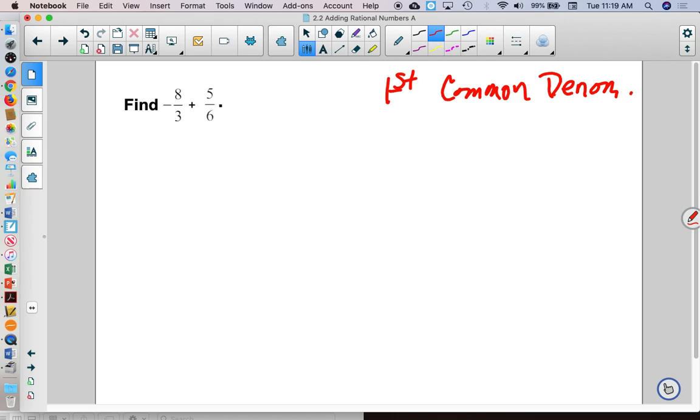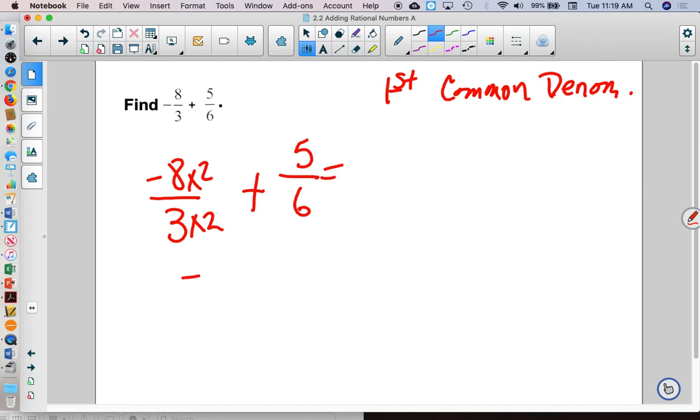Well, can I do something to 3 to make it 3 times what equals 6? 2. Good. So now I've got negative 8/3 multiplying both pieces by 2 plus 5/6. So that tells me I have negative 16/6 plus 5/6.